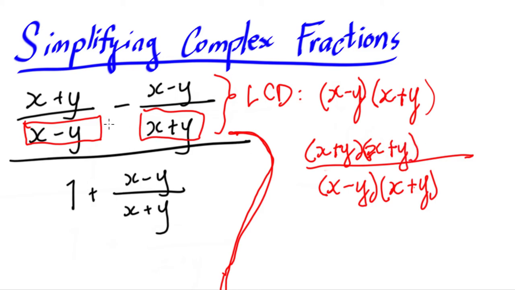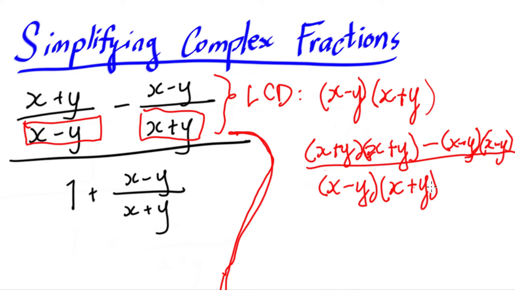Copy the minus sign, or whatever operation is shown here. And since we have x minus y over x plus y, we insert one x minus y since it's lacking in the numerator. So what we have is x minus y times x minus y. That's the first part of our fraction.